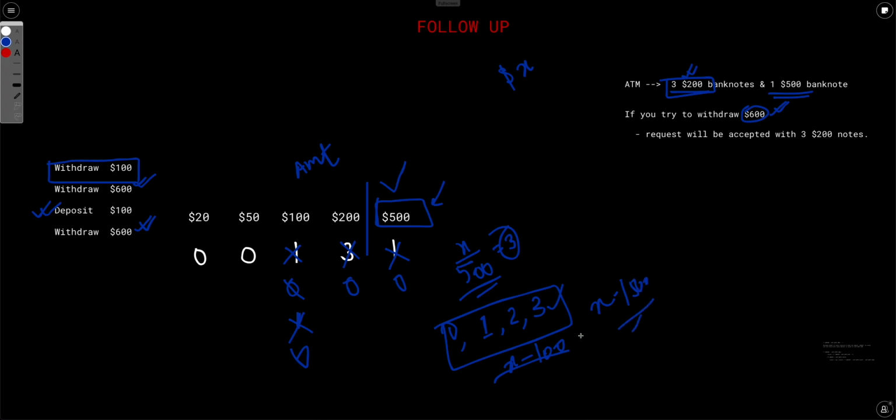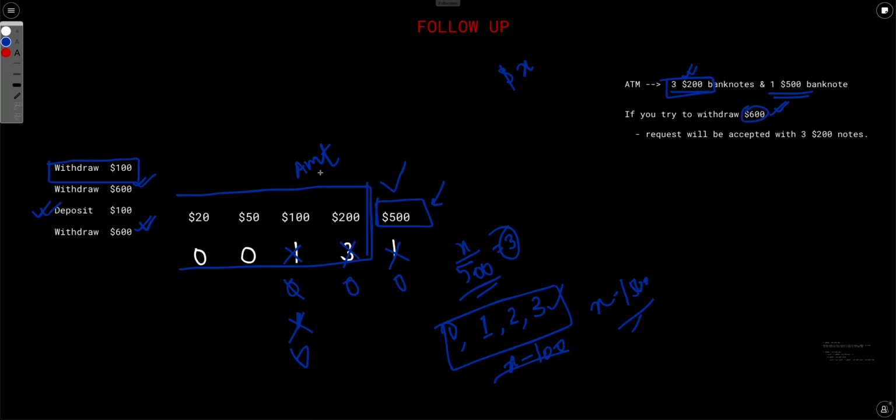So let's denote this new amount with AMT. Now you have just reduced the problem. Previously you had these five denominations to handle, but now whatever you can do with the 500 denomination you have already done. You can have served at max three notes. You have tried serving all possible solutions, like serving 0, 1, 2, 3, whatever you can serve. You have served the 500 rupee note, and now you will not touch it.